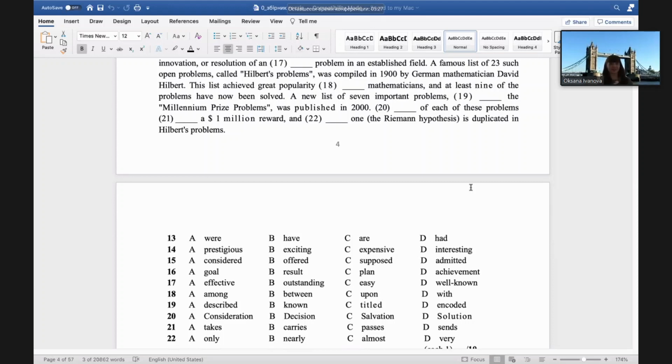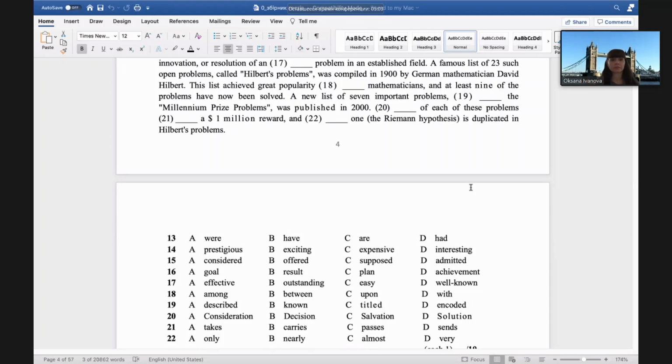Carries will be the best because the meaning is like заключать в себе, да? Хорошо. Или достигать такого-то вознаграждения.